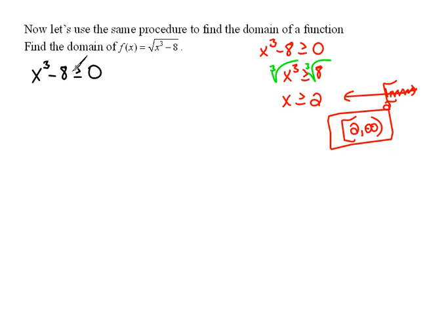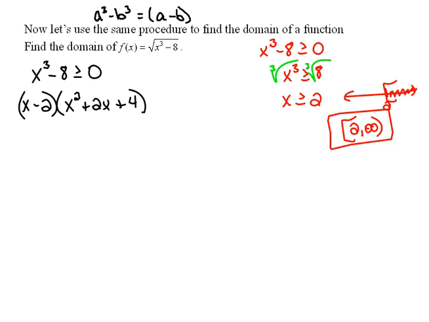So if you remember your factoring, this should factor into x minus 2 times x squared plus 2x plus 4. If you don't remember that pattern, it was a cubed minus b cubed equals a minus b times a squared plus ab plus b squared. That's how we got that.